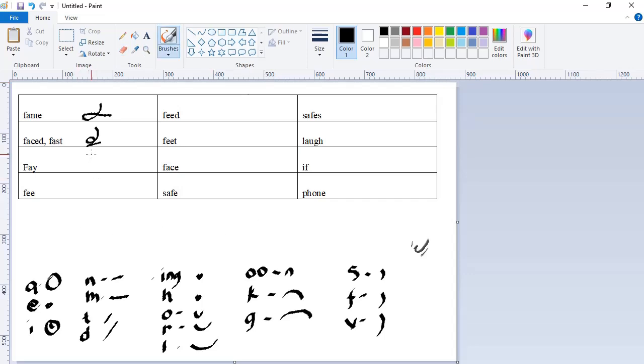Next, we have Fay. So, Fay is F-A only. And then, of course, your capital symbol. Fay. Next, Fee. Fee, we have F and E. Next, we have feed.